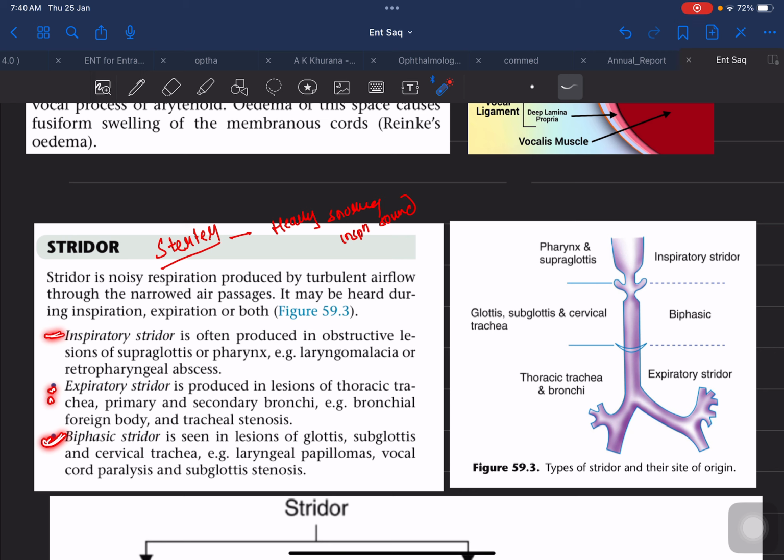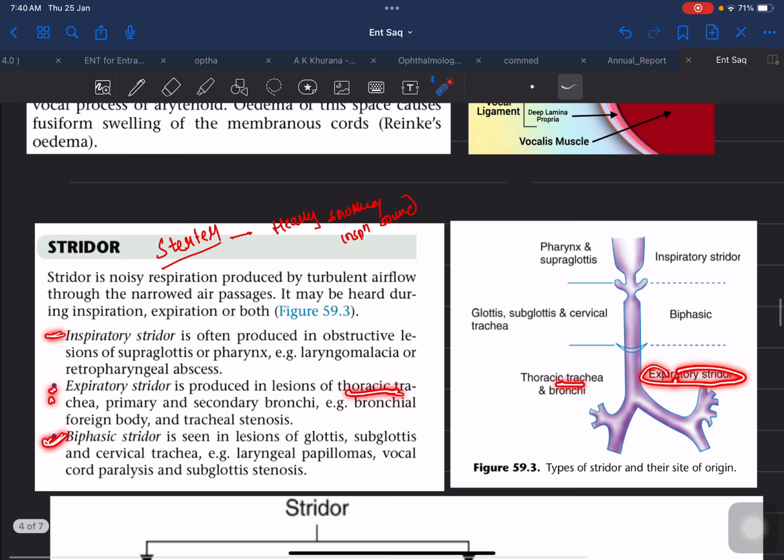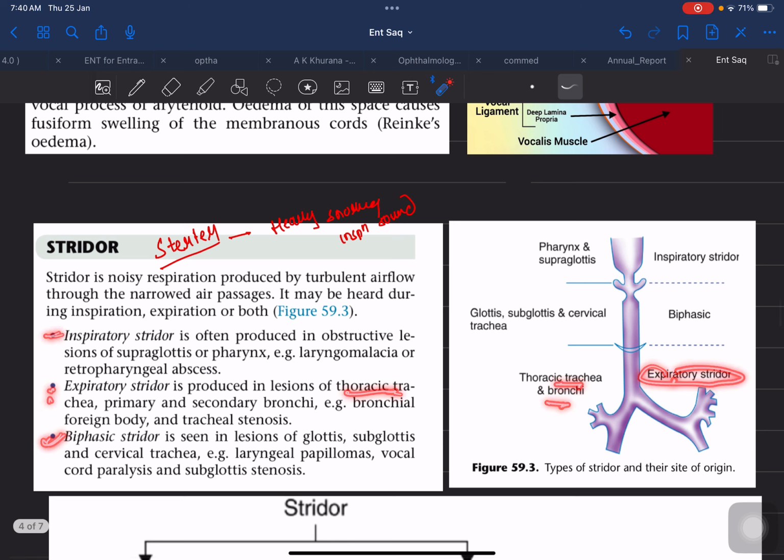Talking about expiratory stridor, if there is a lesion in the thoracic trachea and bronchi, primary and secondary bronchi, for example bronchial foreign body or tracheal stenosis, then we call it expiratory stridor.